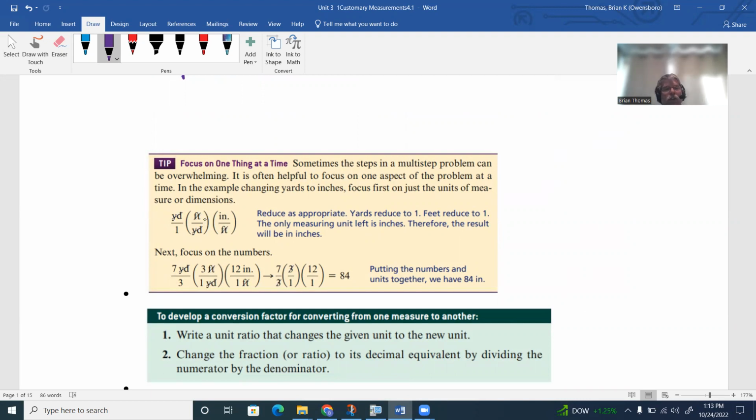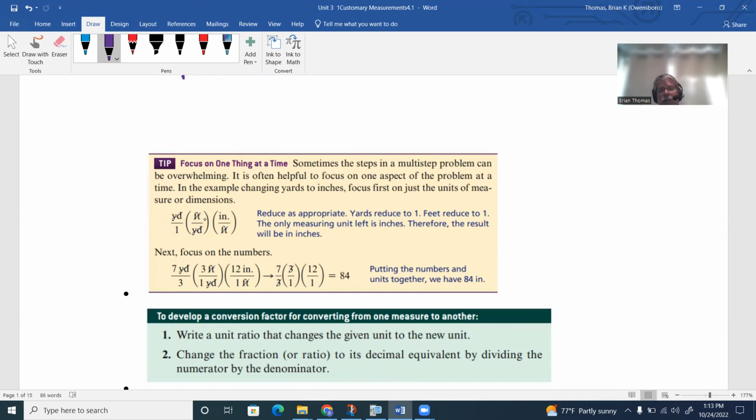So if we focus on just the units of measure, yards to feet, notice how the yards are on the bottom and feet on the top. And then I go feet to inches, feet's on the bottom, inches on top. Notice how that leaves me with inches. And then all I got to do is put the numbers in there.